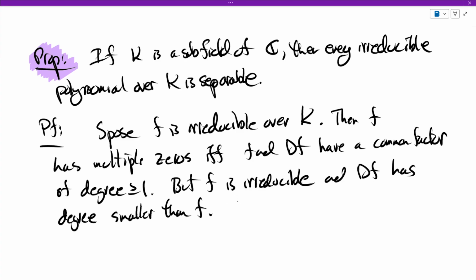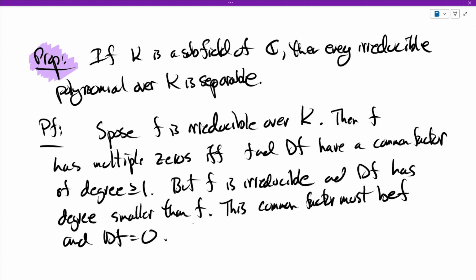All right, but the only way that an irreducible polynomial can share a common factor with a polynomial of smaller degree is if that common factor is f, right? And the other one must be 0, right? So the only way this can happen is if the GCD of f and df is honestly f, but the only way that happens is if the other polynomial involved is the 0 polynomial.